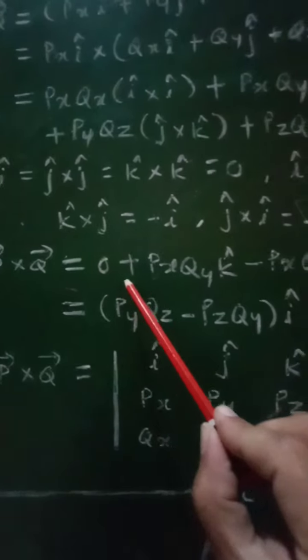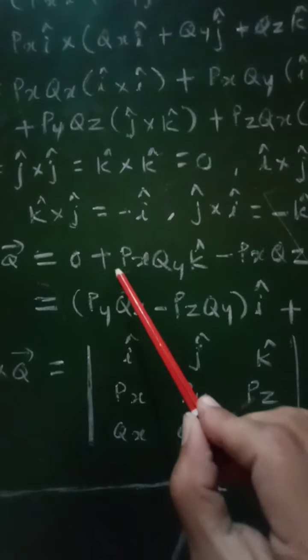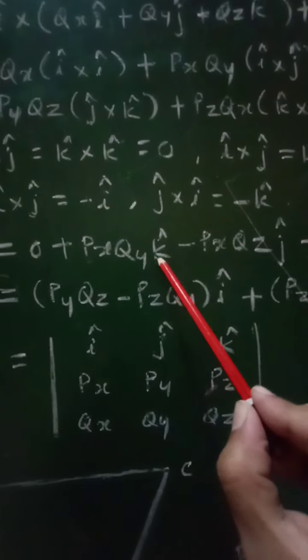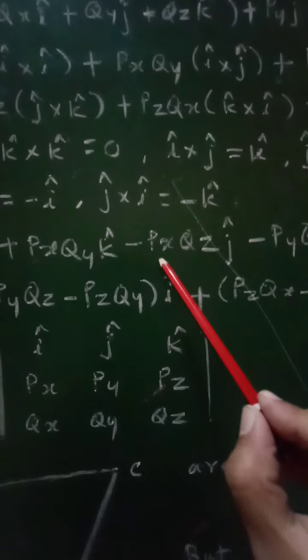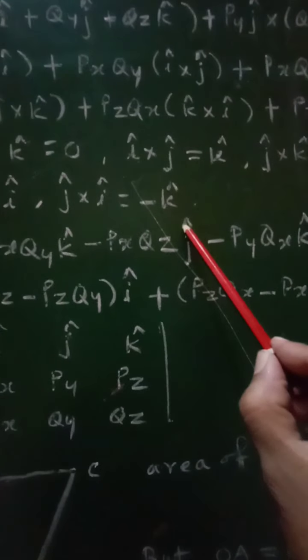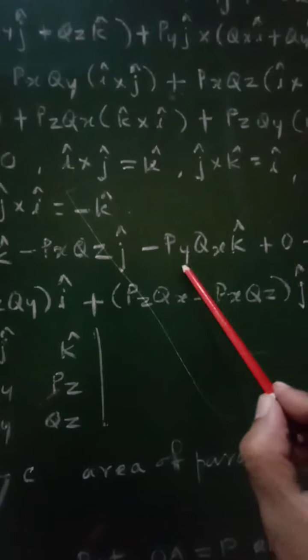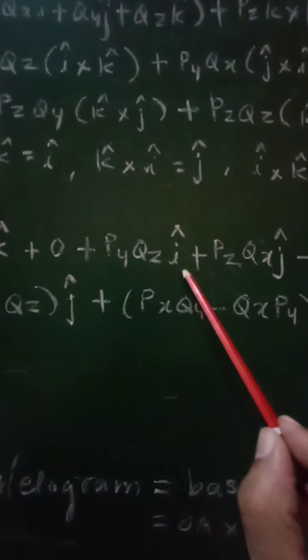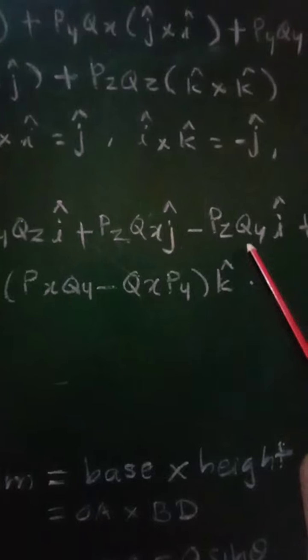So by taking into account these products, we can write vector P cross vector Q will be equal to 0 plus Px Qy k cap minus Px Qz j cap minus Py Qx k cap plus 0 plus Py Qz i cap plus Pz Qx j cap minus Pz Qy i cap plus 0.